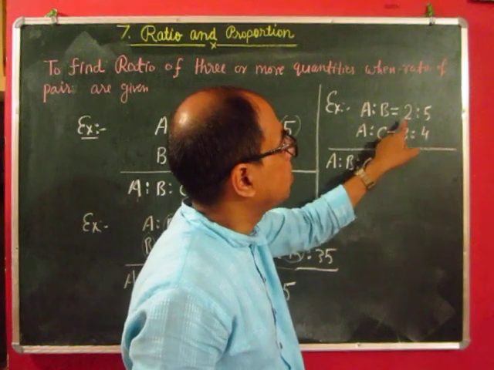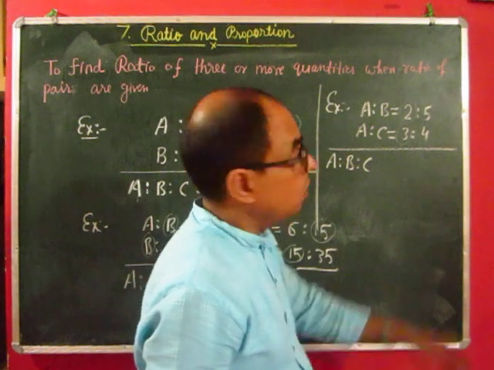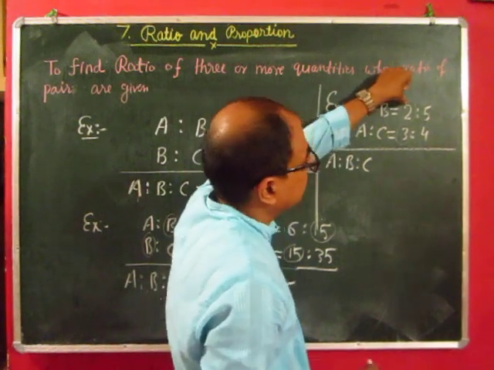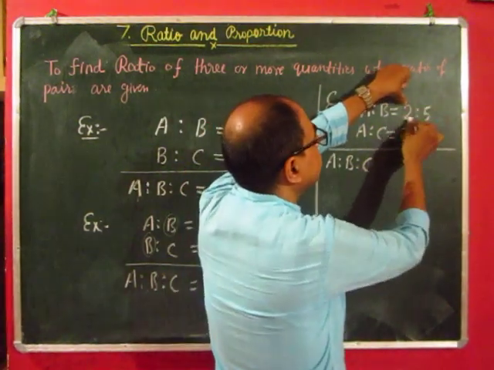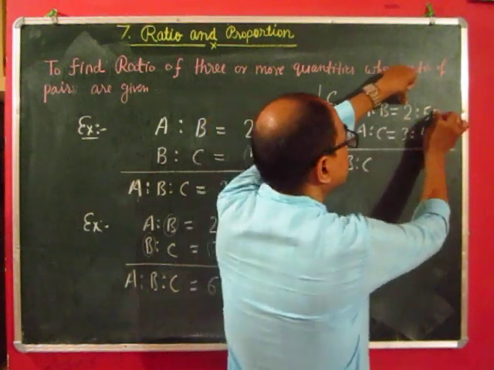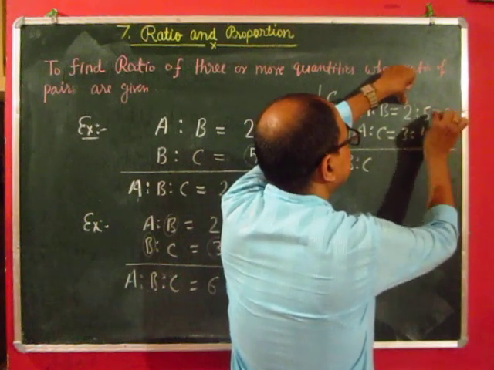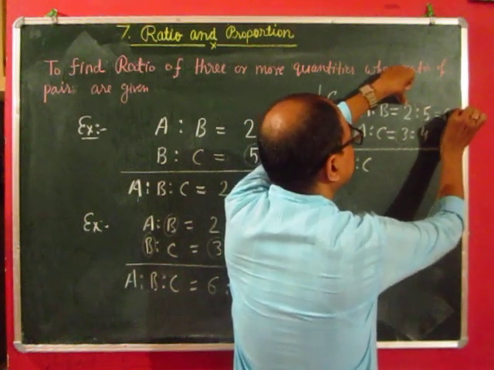So first of all, make these two equal. What is the LCM of 2 and 3? The LCM of 2 and 3 is 6. To make this 2 into 6, of course you multiply this ratio by 3, so 3 times 2 is 6 and 3 times 5 is 15.